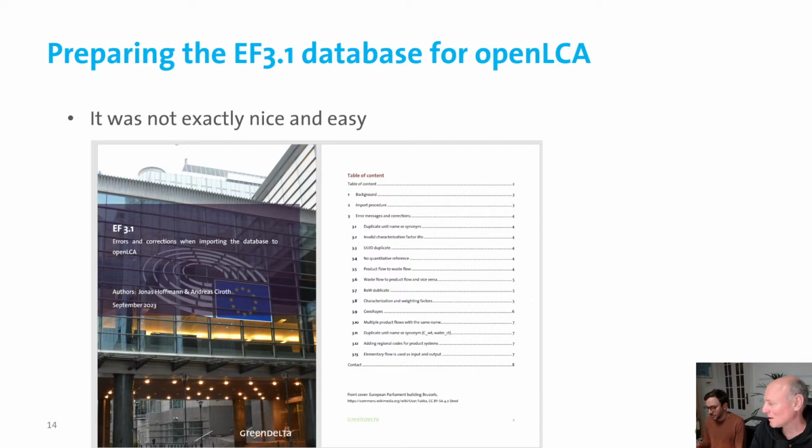It's a bit speculative to think about how this can happen. But of course, for one, these data sets have been prepared by different entities using different technical tools. Also, some of these tools, as we know in LCA, are not really understanding ID numbers, so they operate by names or so.